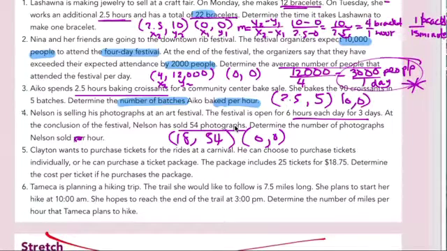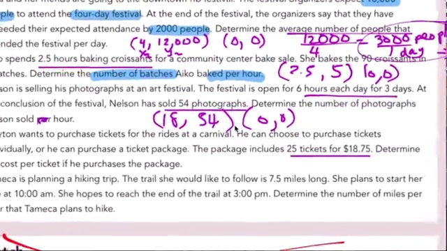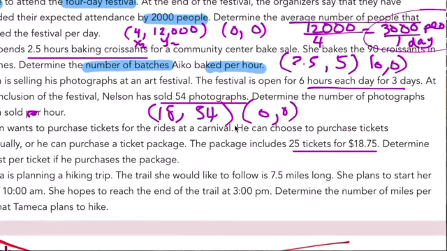Clayton wants to purchase tickets for the rides at a carnival. He can choose to purchase tickets individually or he can choose a ticket package. The package includes 25 tickets for this much. Determine the cost per ticket if you purchase the package. Same thing.